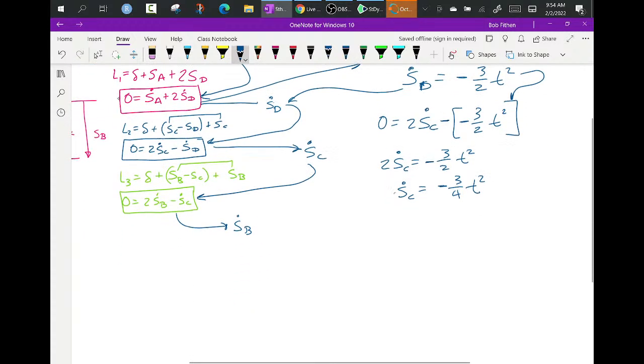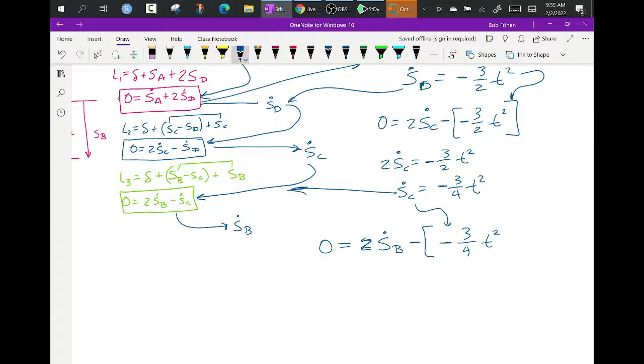Now I've got SC dot, I shove it into that equation and say 0 equals 2 times SB dot minus, in brackets, what SC dot is, minus 3/4 t squared. Now I'll take the 2 first.